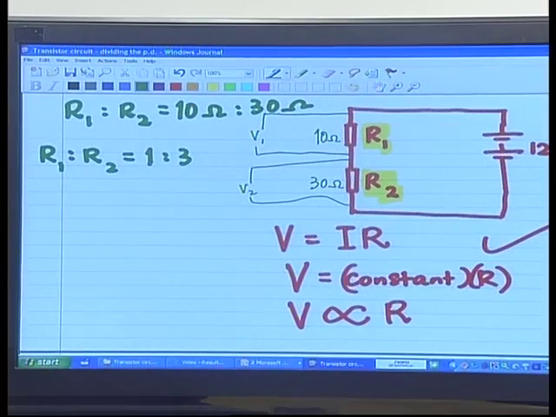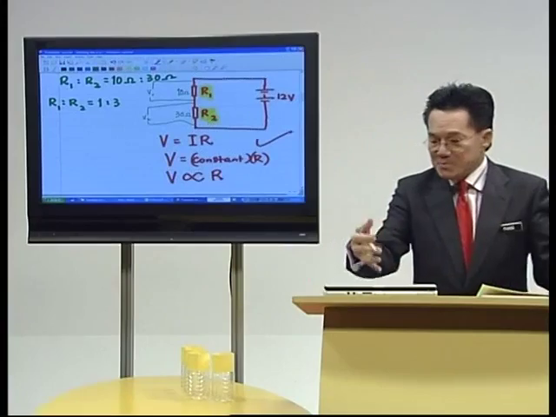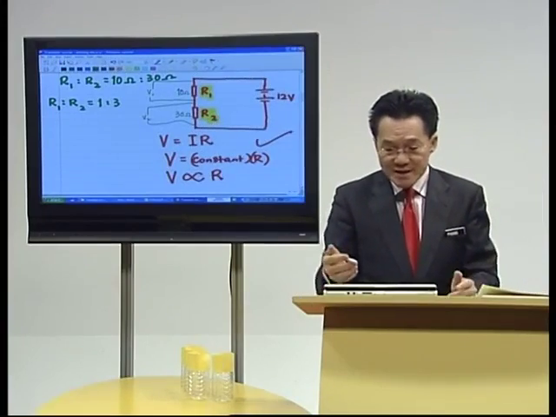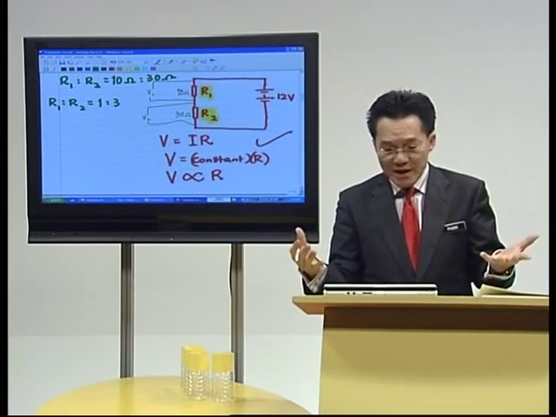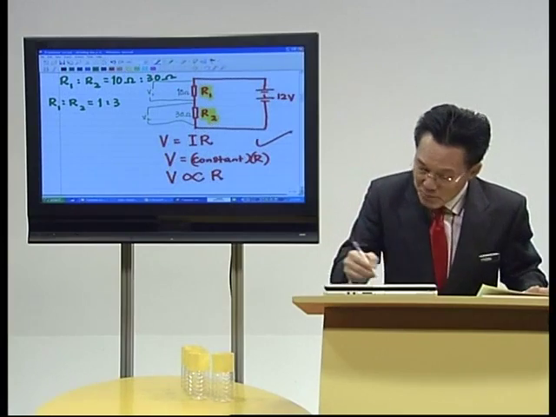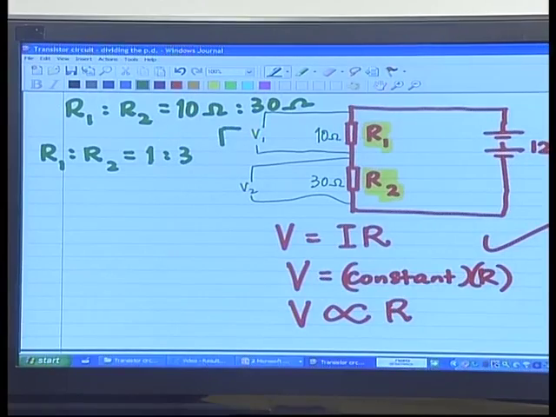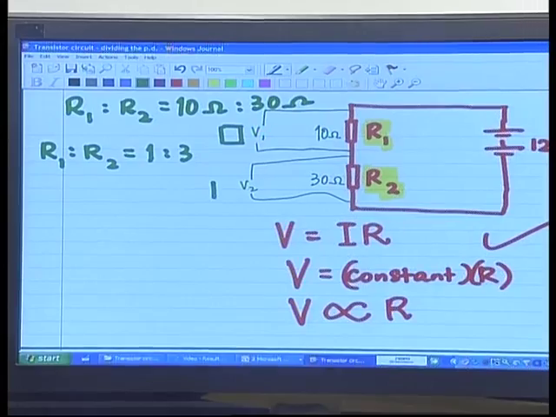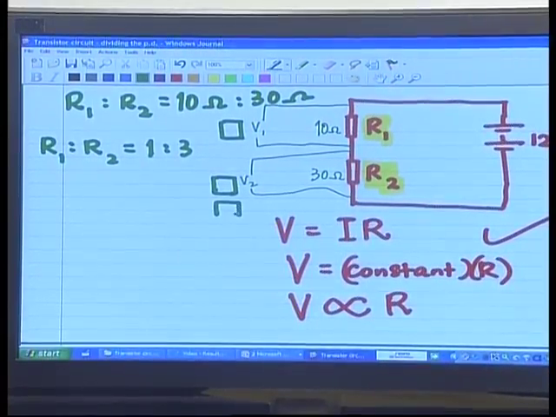Alright? 1:3. So, in this particular diagram, how much is V1 and what is the value of V2? So, I can actually put here one container. Over here, I put 3 containers.